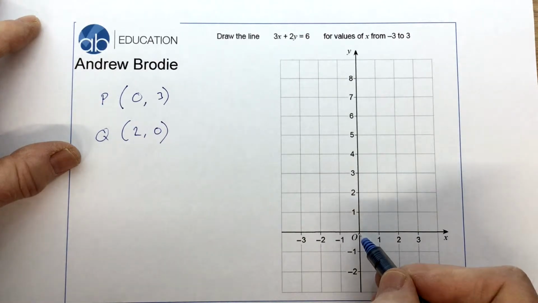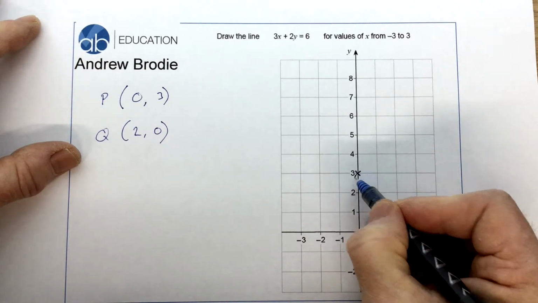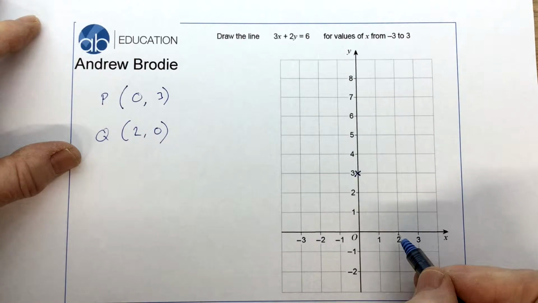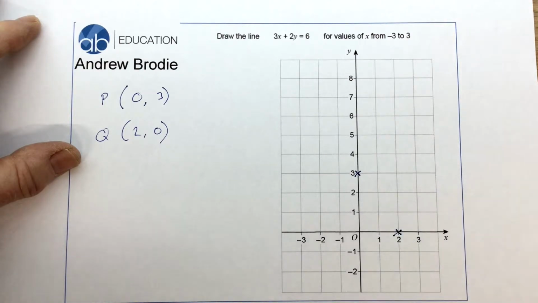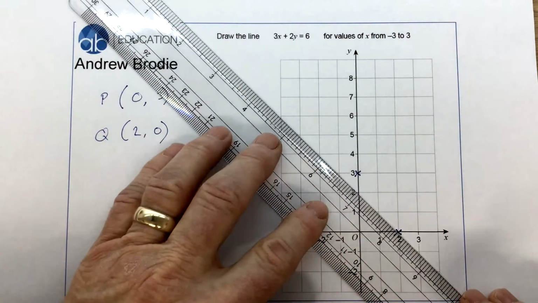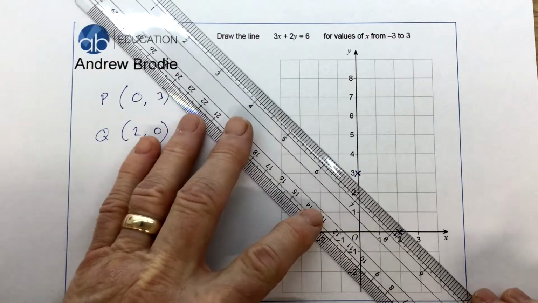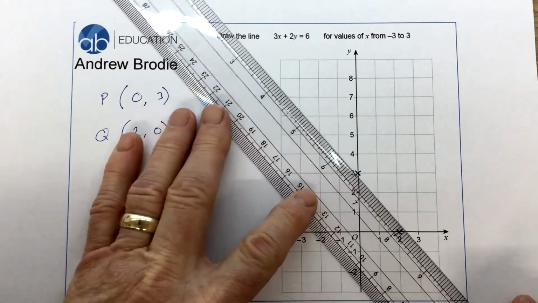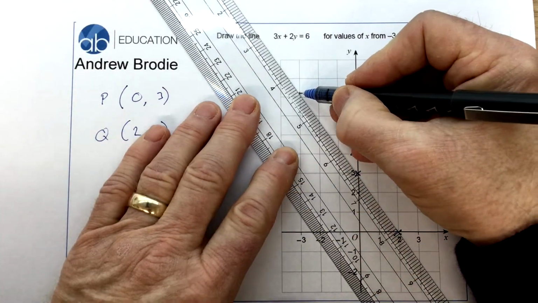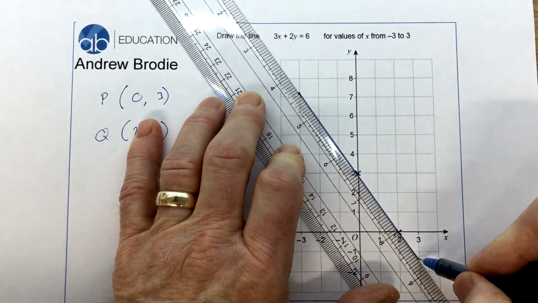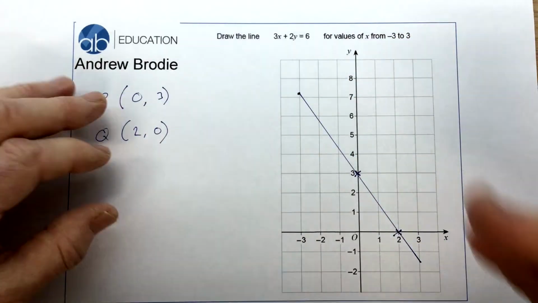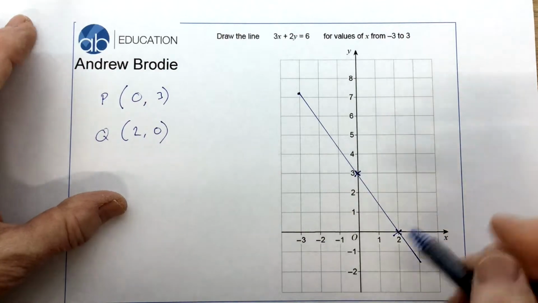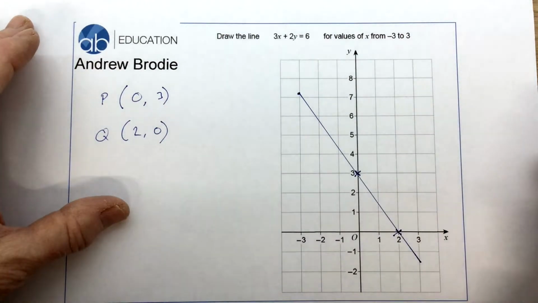When x is 0, y is 3. And when x was 2, y is 0. So there they are. And we have to plot that from x is -3 to x is 3. X is -3 is there. X is 3 is there. So we have drawn the line passing through the 2 points that we found in the first part of the question.